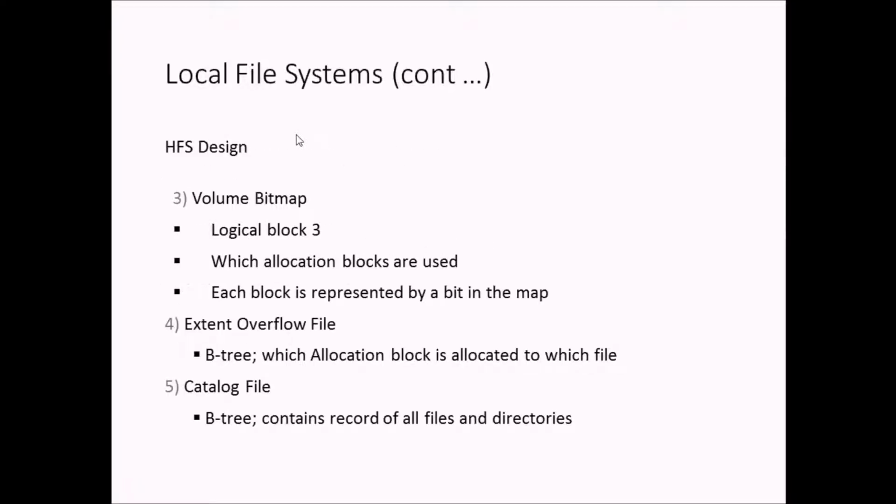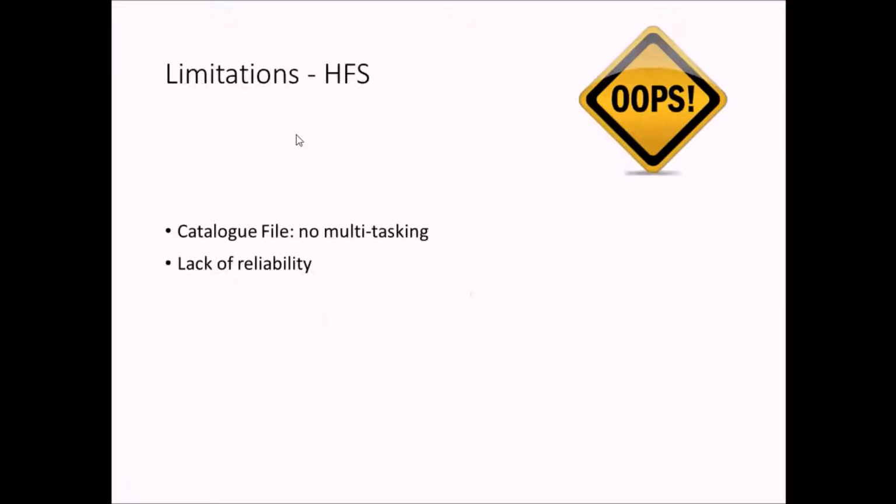The third one is the volume bitmap, logical block 3, where allocated blocks are represented by a bit in the map. The fourth one is the extents overflow file. It also uses the B-tree technique, recording which allocation block is allocated to which file. And the catalog file contains the records of all files and directories. It also uses the same B-tree technique.